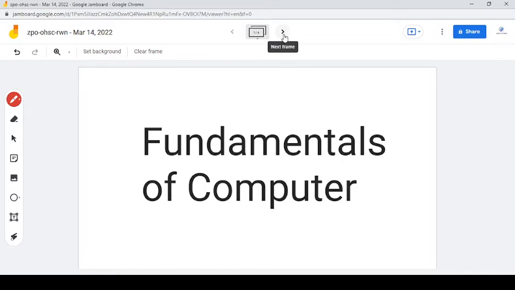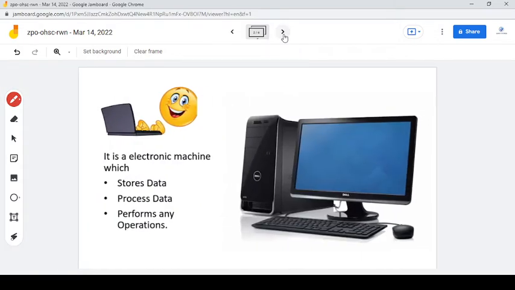So before we jump onto the parts of the computer, we must understand first what exactly is a computer. A computer is nothing but an electronic machine, right? Why do we call it electronic? Because any machine connected to electricity becomes electronic. So our computer is an electronic device. It can do multiple things.